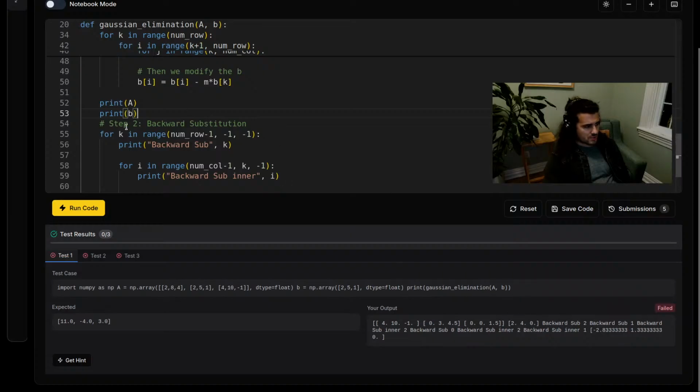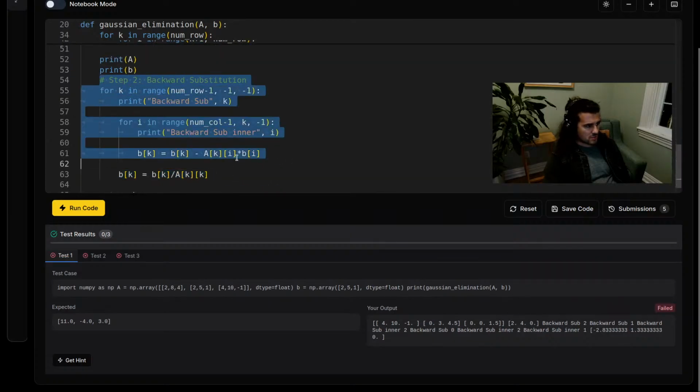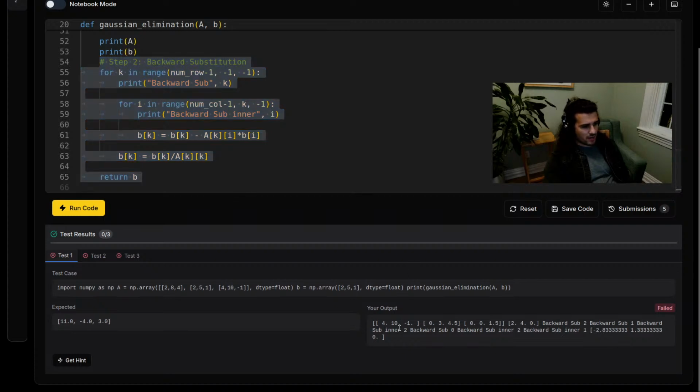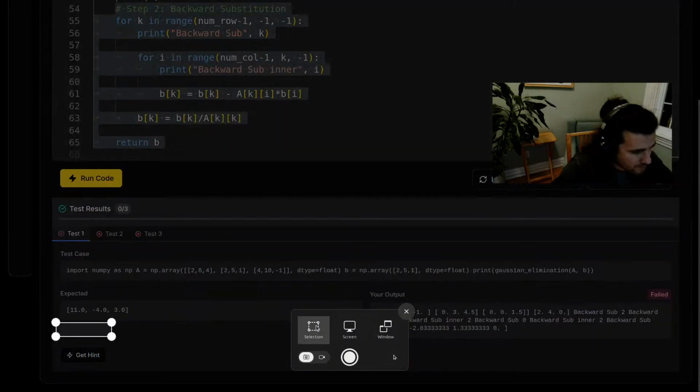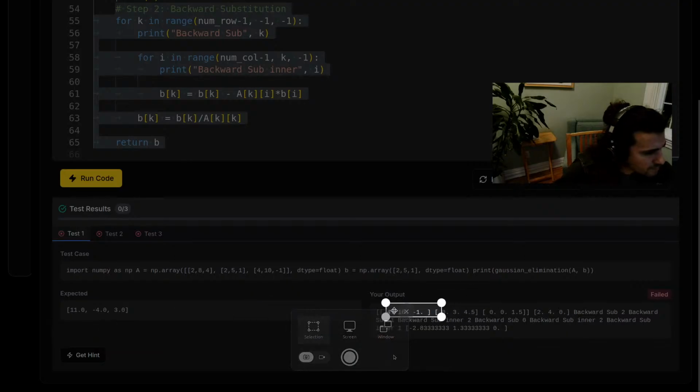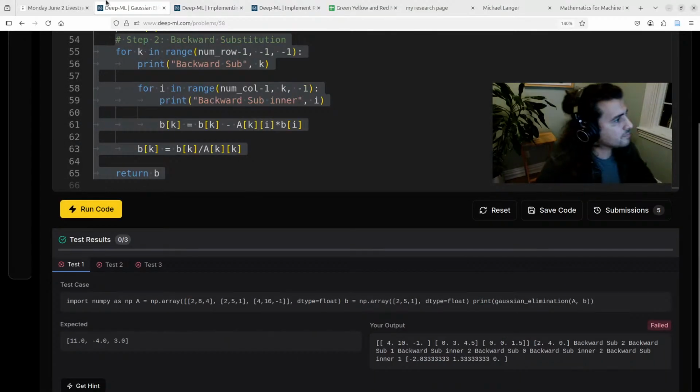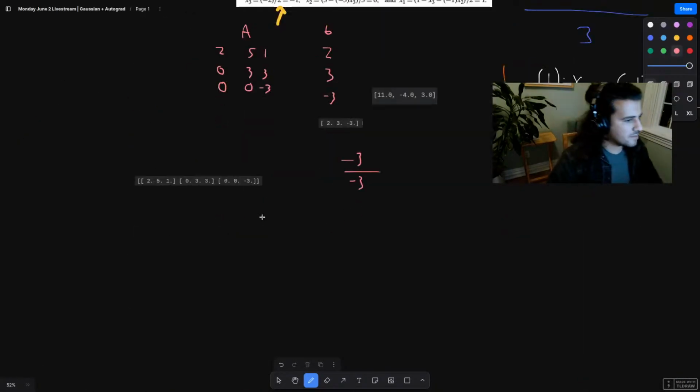I think the issue is not on the backward substitution step, right? It has to be prior because, okay, what we have right now is what? For some reason, I always get stuck.